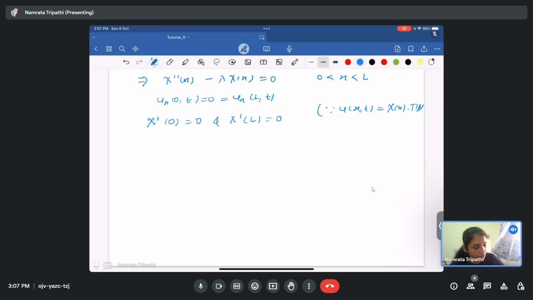Again you will put L, you will get the second boundary condition. Fine. So this is an SL problem. We have already done the SL problem many times.